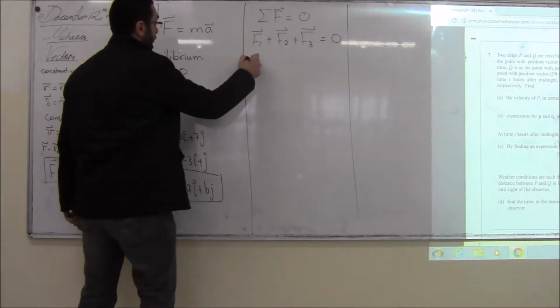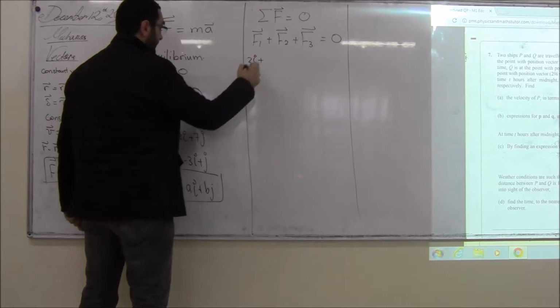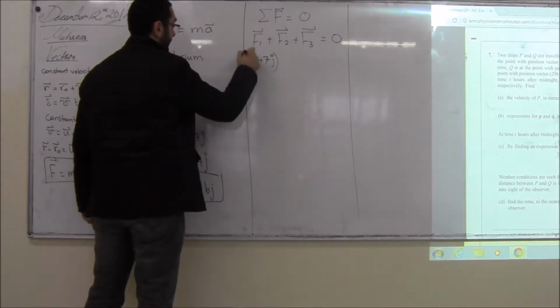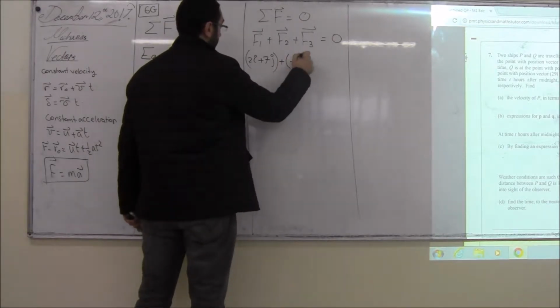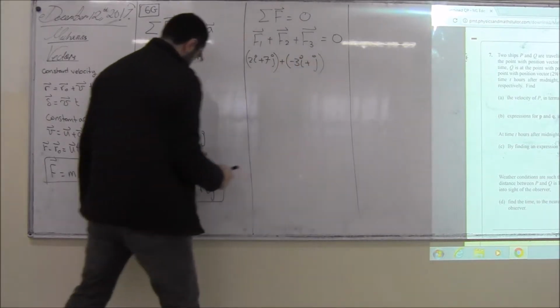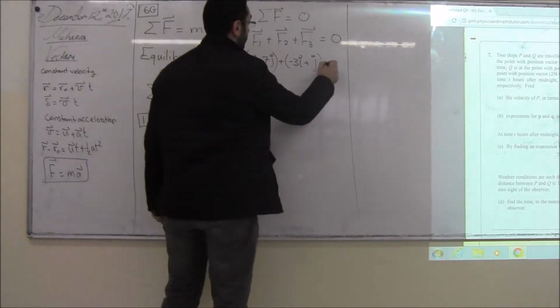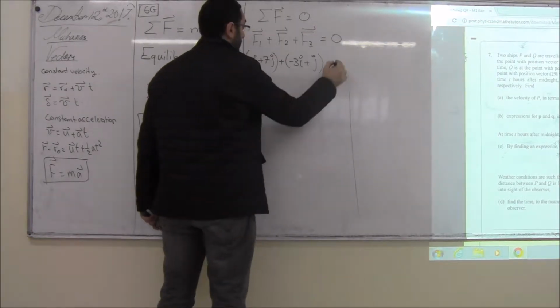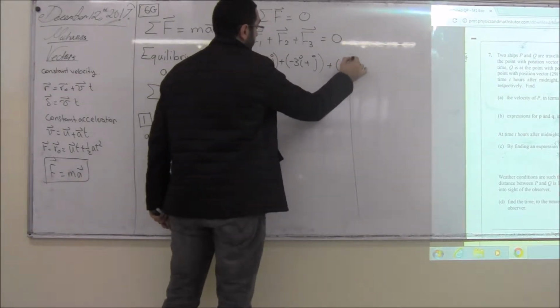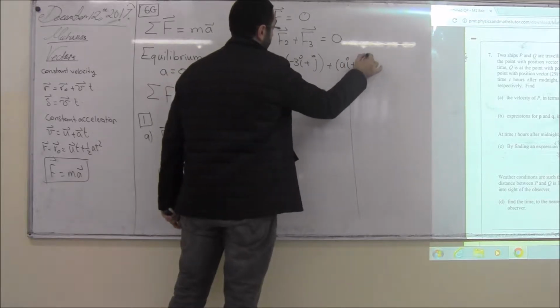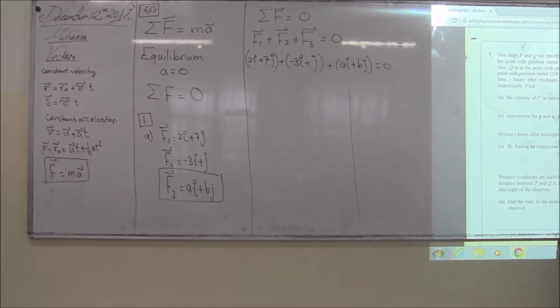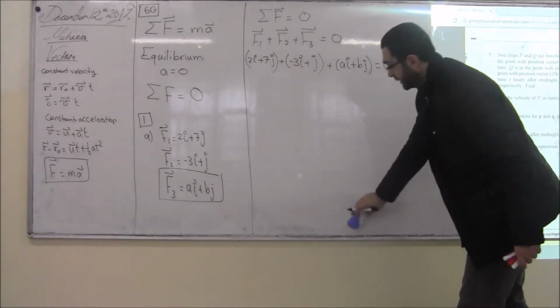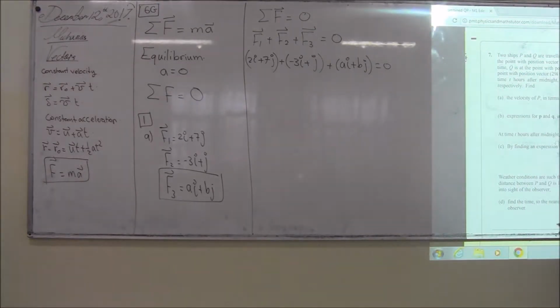Substitute now. F1 is 2i plus 7j, F2 is minus 3i plus j, F3 is ai plus bj. This value is 0. Any question, guys? Okay, fine.